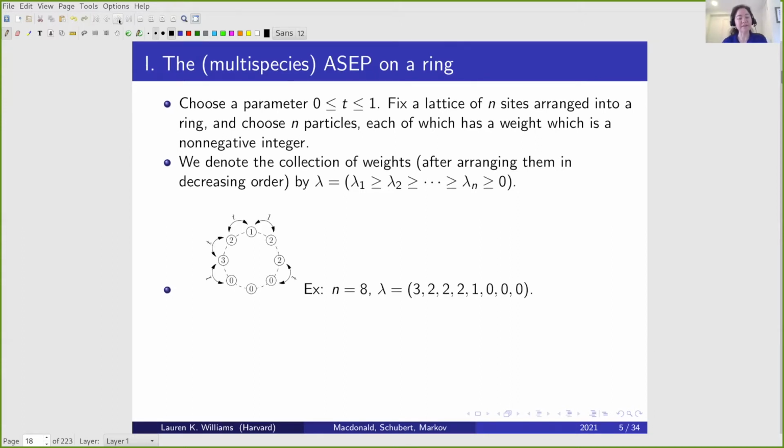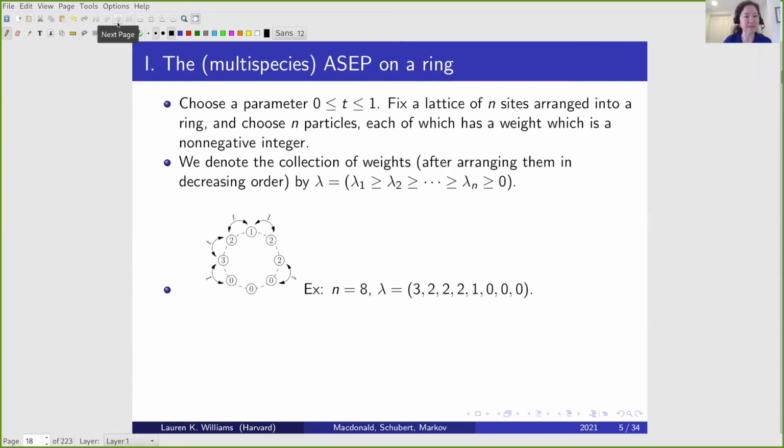So as an example, if I'm talking about particles hopping on this circle, you can see here my particles have weights 1, 2, 2, 0, 0, 0, 3, and 2. If I sort these weights in weakly decreasing order, I get this partition lambda. And here n is 8.